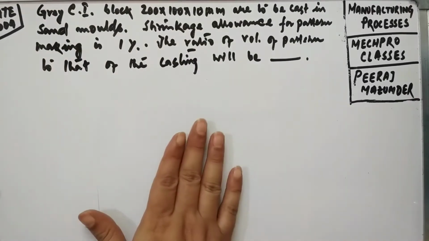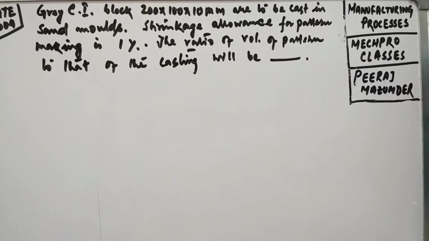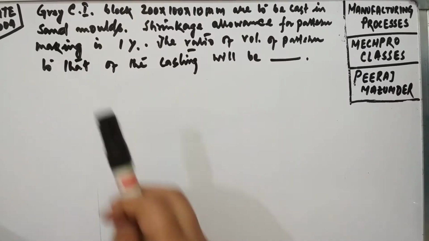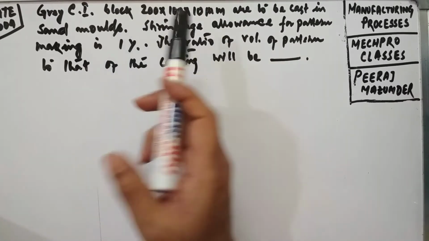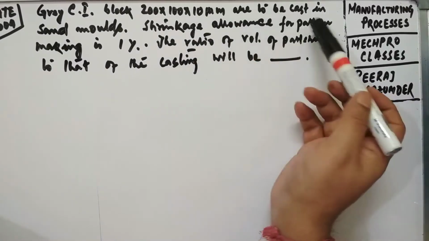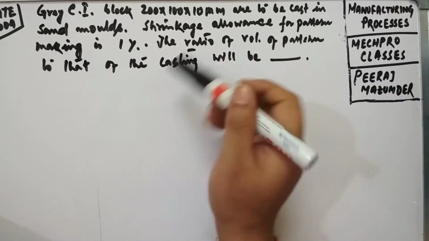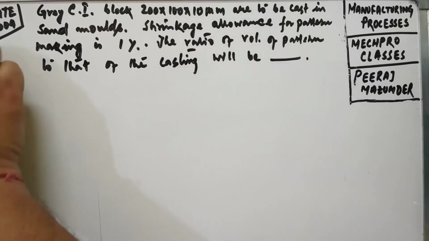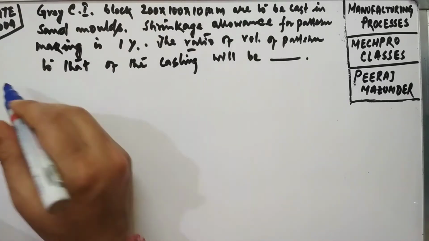Now look, the next problem I have taken from GATE 2004. It says a gray cast iron block, the dimension is given as 200 into 100 into 10 millimeter, is to be cast in sand molds, and the shrinkage allowance for pattern making is given as 1%.